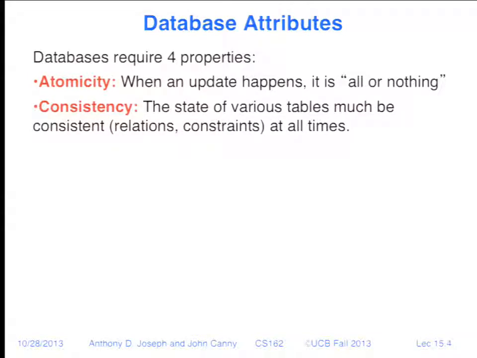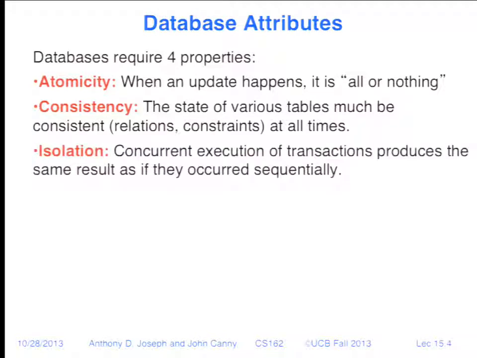Consistency means that the different tables that might be linking to each other have to be consistently set and remain consistent throughout every transaction. Isolation implies that even when things are happening concurrently, there's a simple sequential interpretation, and those complex updates are the same as some kind of serialization of the updates.